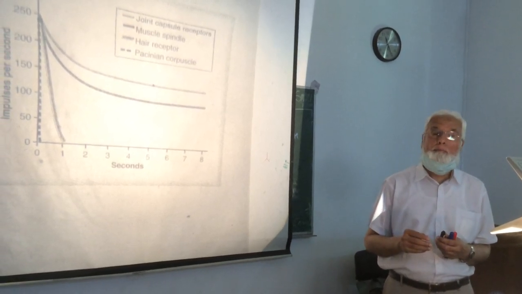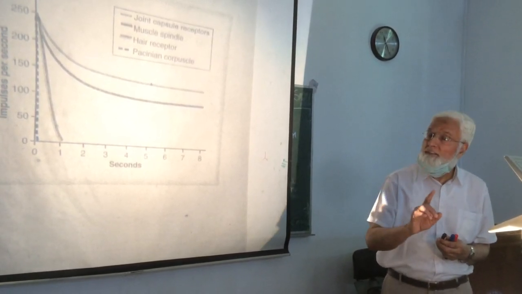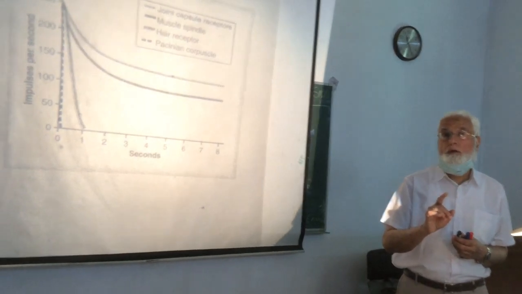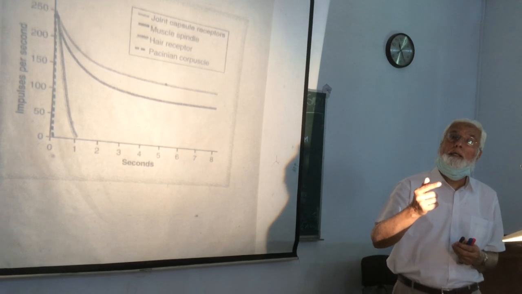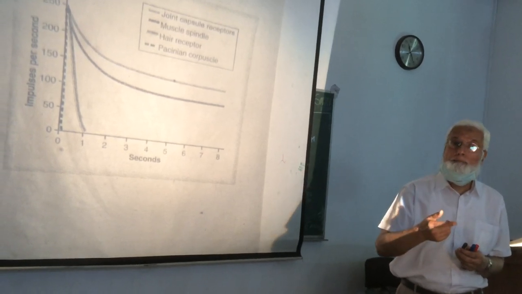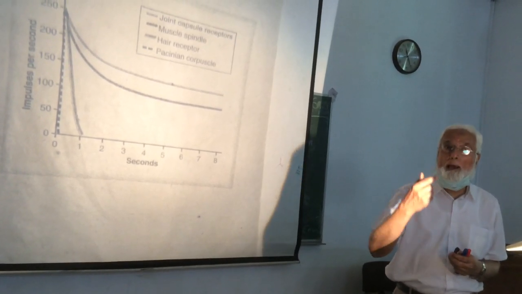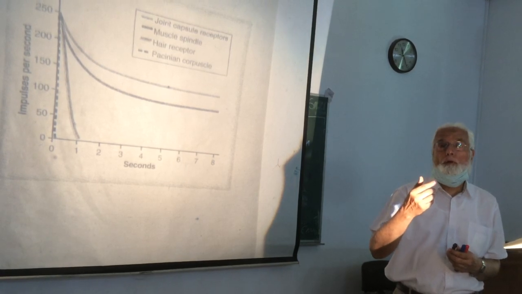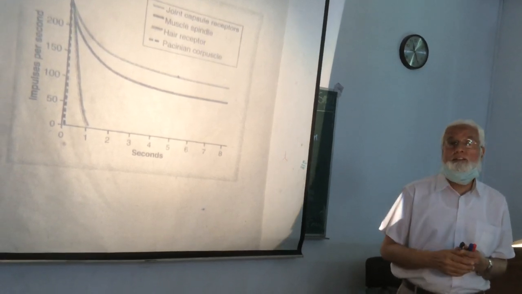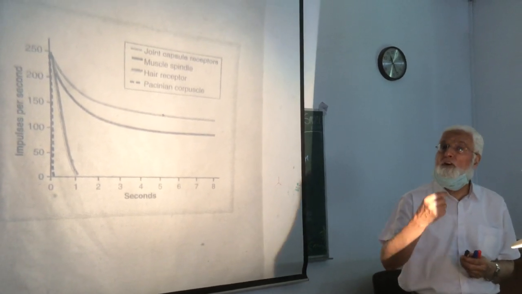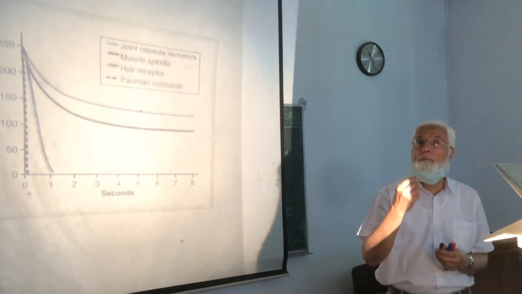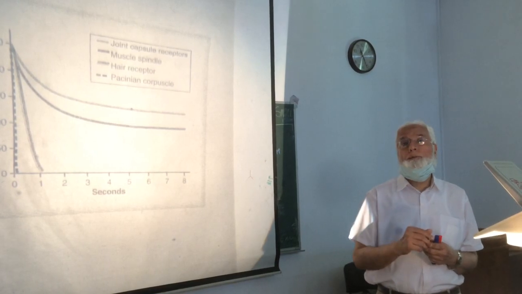And then with greater intensity of stimulus, with stronger stimuli, there will be greater voltage or amplitude of the receptor potential. So there will be greater frequency of discharge of impulses from the receptors.